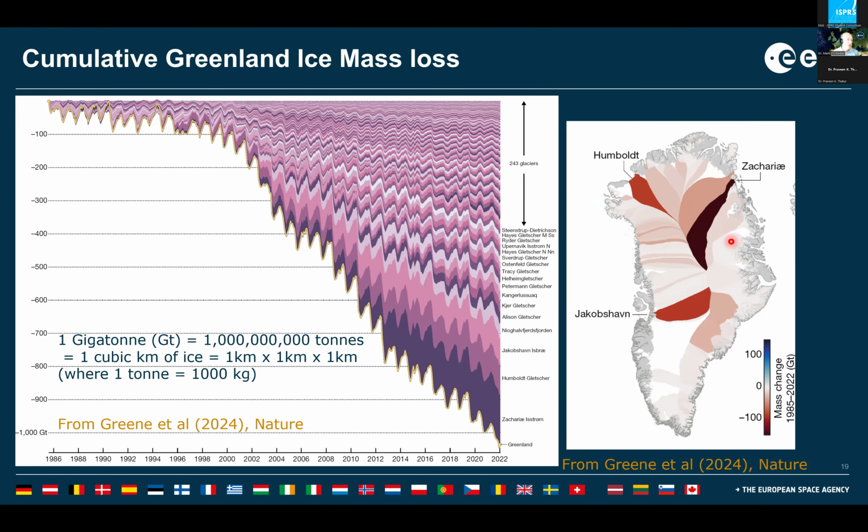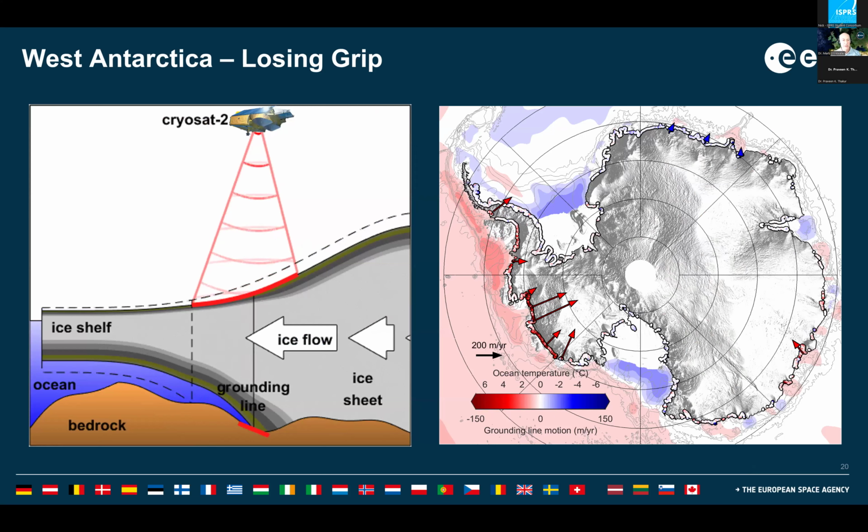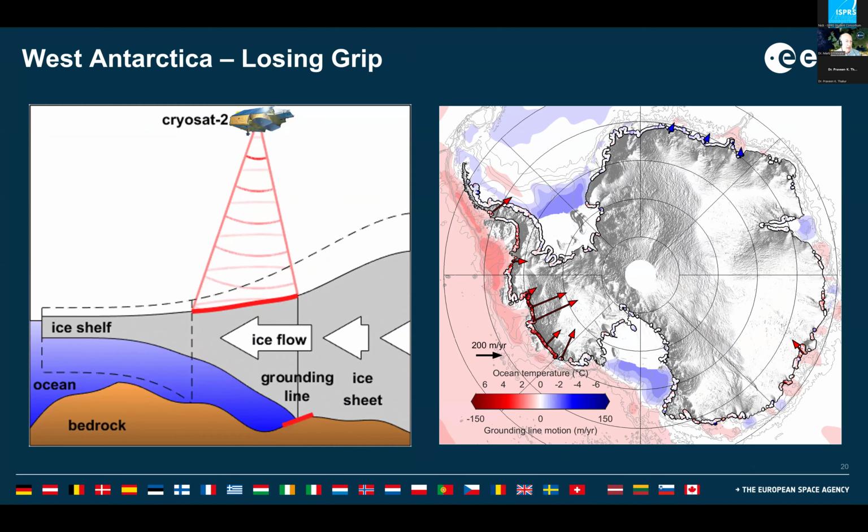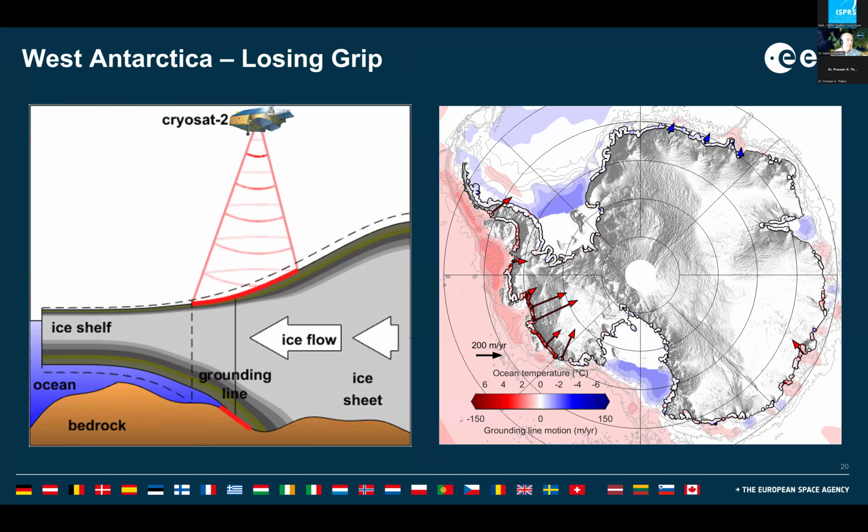Now, if we switch attention to what's going on in Antarctica, Antarctica has not been contributing as much to sea level rise as Greenland has, where Greenland is suffering from a far greater degree of melting in summer months.